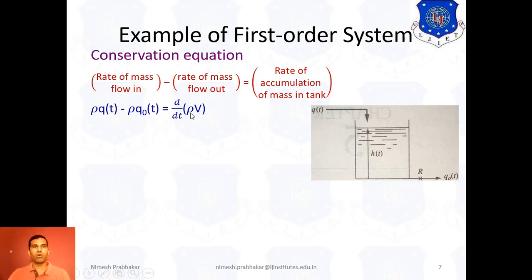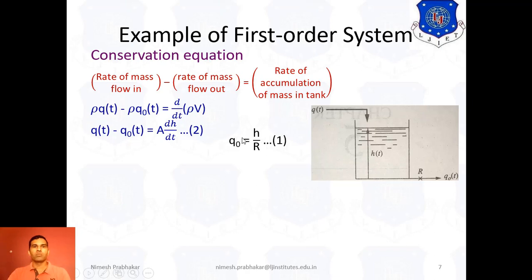We also know the volume V can be written in terms of area into H, so V is equal to A into H. So we get this equation as Q of t, where rho is cancelled, minus Q0 of t, equals A into dH by dt, where A is constant and H is the variation in the height of the tank. Now we know Q0 is equal to H by R.